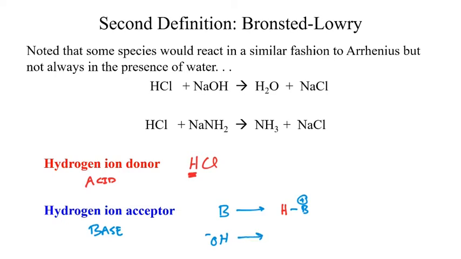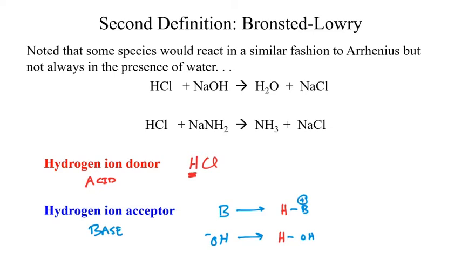Well, if in the course of acting as a base, we accept that hydrogen, we've now satisfied the definition. Hydroxide does accept hydrogen to neutralize the acid. So hydroxide still fits within the definition. It is a hydrogen ion acceptor, or it can accept hydrogens.